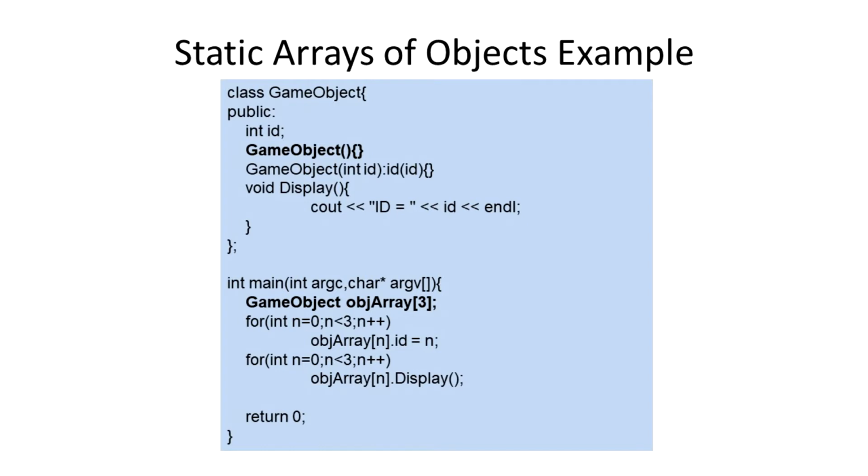And then we actually assign it the value of the loop counter, which will be 0 for the 0th element, and then 1 for the second element, and then 2 for the third element. And then in the loop underneath that, we do the same process, but we call the display function, printing out the ID for each of those elements, referring to the objects.